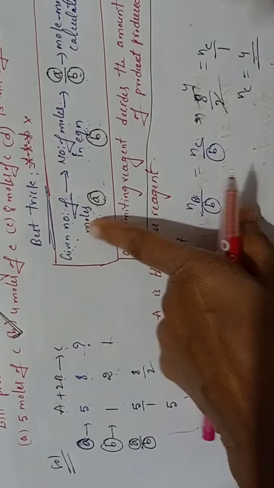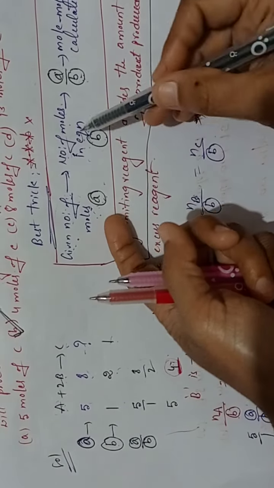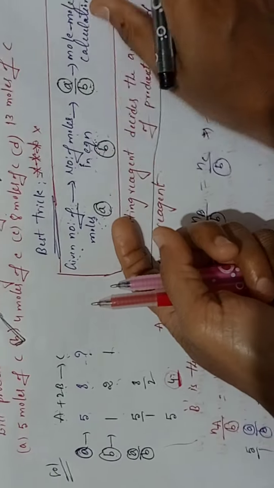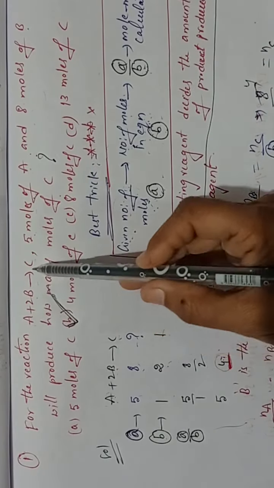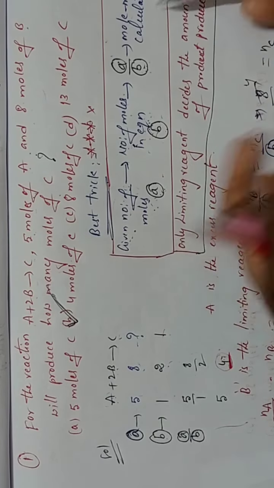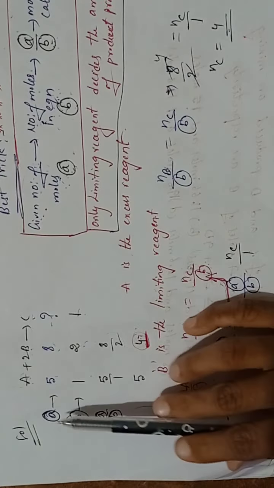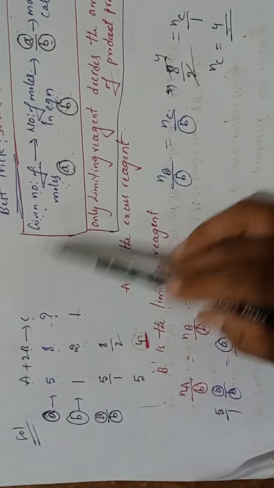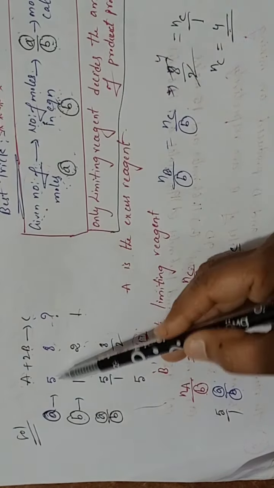So you have to remember: first the given number of moles, next the number of moles present in the equation, 1, 2, 1. Next, this by this, A by B, is the mole-to-mole calculation. In the first step we take the given number of moles, 5 moles and 8 moles, that you write.